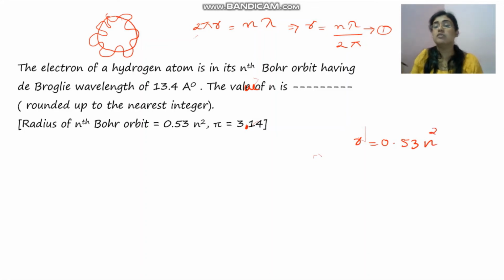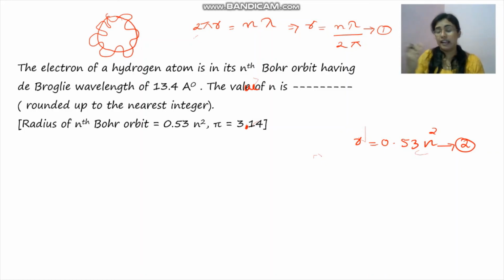This 0.53 is the Bohr radius constant, 0.529 Armstrong, rounded off and taken as 0.53. So radius is given by 0.53 n square. This is equation 2.